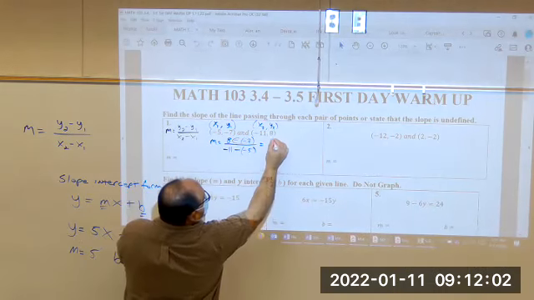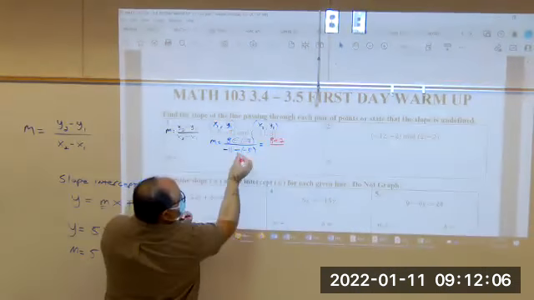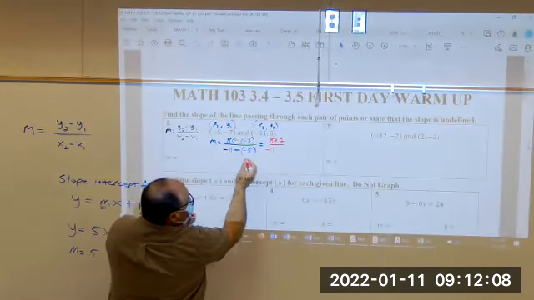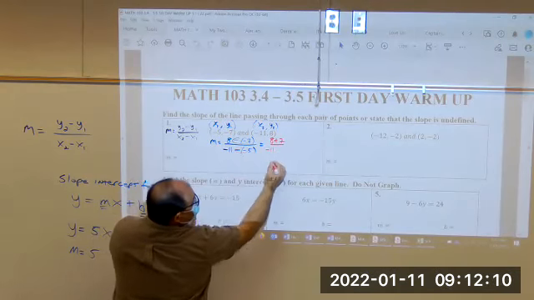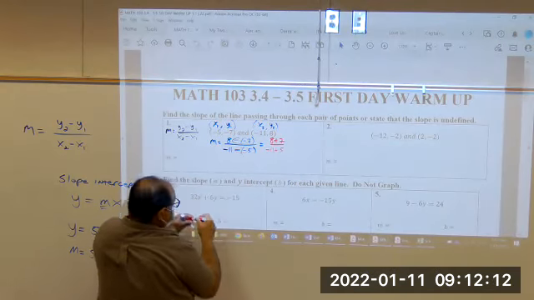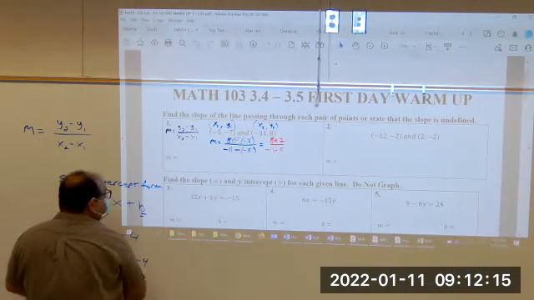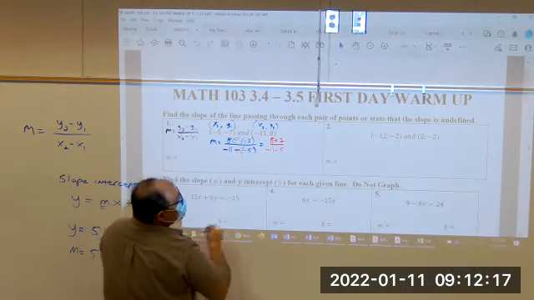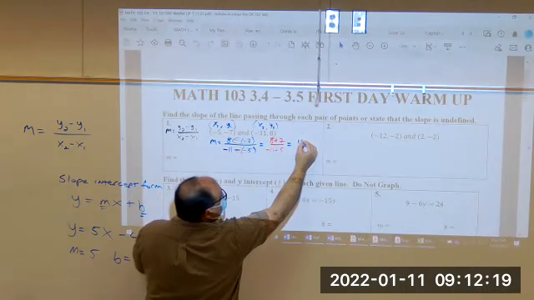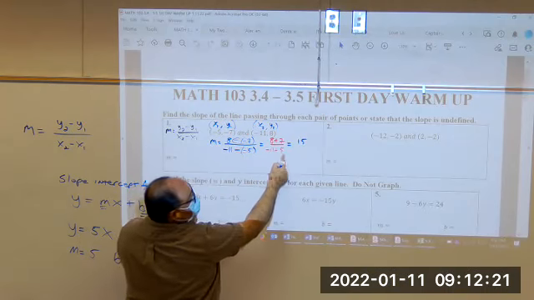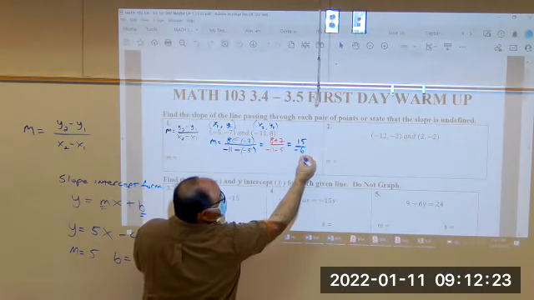So this is now 8 plus 7 over -11 plus 5. So 8 plus 7 is 15. -11 plus 5 is -6.